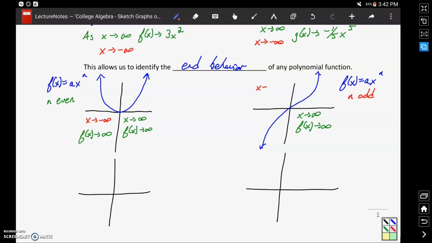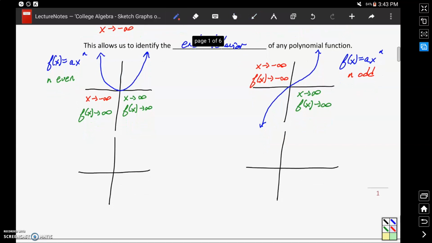But as x approaches negative infinity, then our function is going to be approaching negative infinity. So if we have x raised to an odd power, we're going to have end behaviors that are opposite of one another. So our function heading off to positive infinity in one direction, negative infinity in the other.